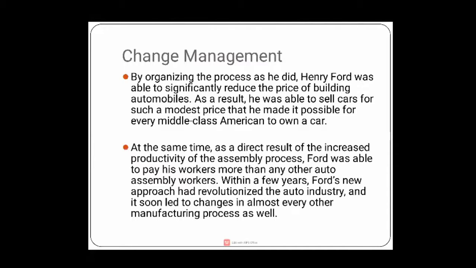Every household in America was able to buy the Model T manufactured by Henry Ford. At the same time, as a direct result of the increased productivity of the assembly process, Ford was able to pay his workers more than any other auto assembly workers within a few years.